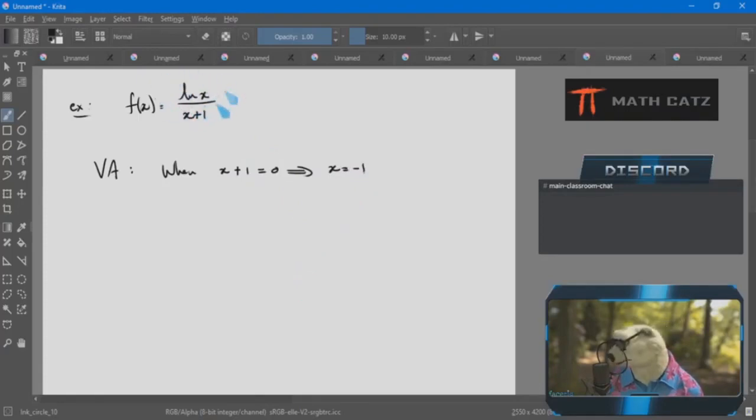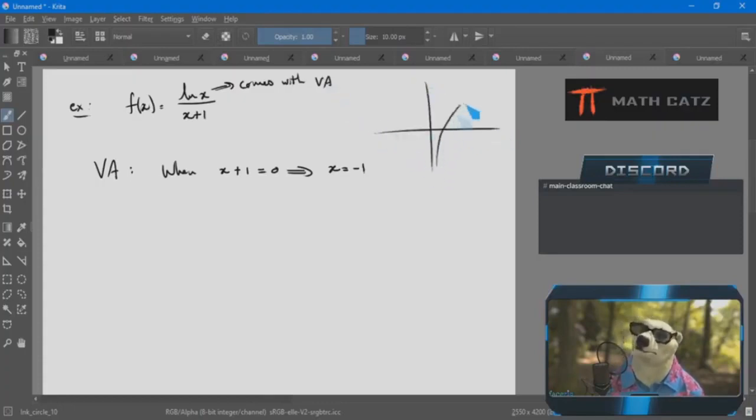But this one is a different type. It has a log component, and the log component itself comes with a vertical asymptote. Remember what the log looks like? It comes with a vertical asymptote at 0. So I have, not y equals 0, goof. I am a goof.